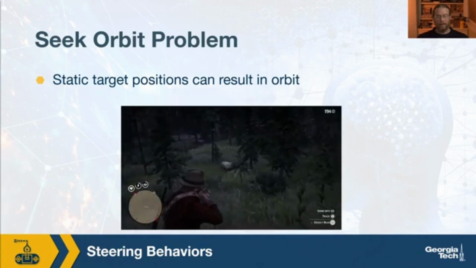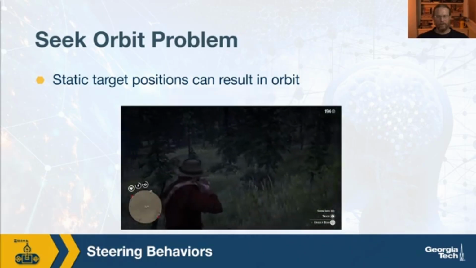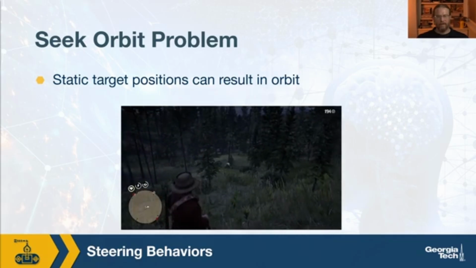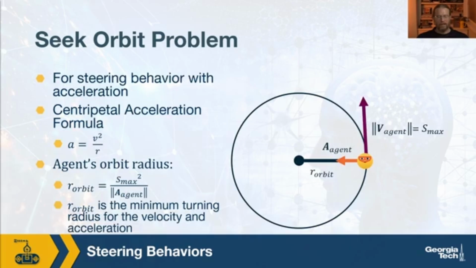And this is a very common problem in game AI solutions for character movement, is that an agent that is moving at full speed and trying to accelerate towards a position just ends up going in circles.